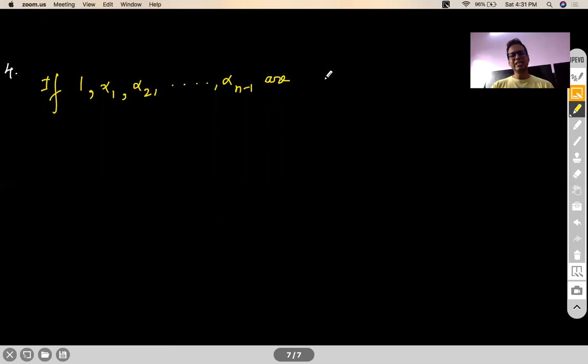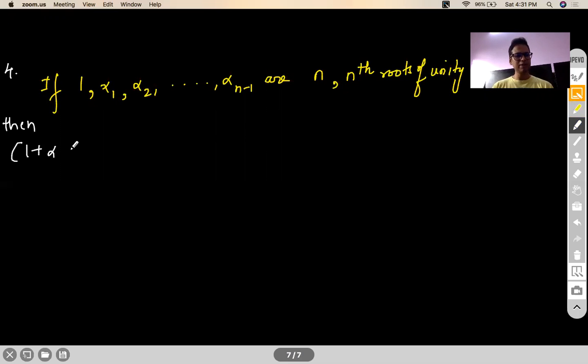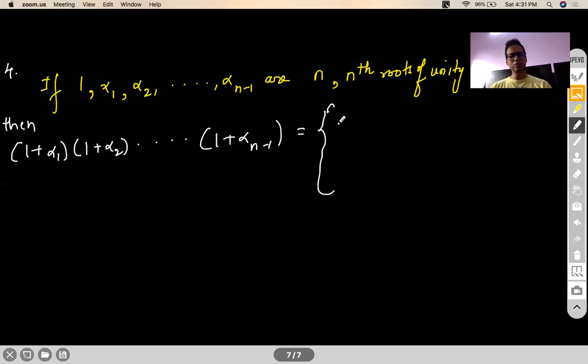So the fourth property is again like a question I'm giving you. Let's state this statement first. If 1, alpha 1, alpha 2, and so on are nth roots of unity, okay, then the product of 1 plus alpha 1, 1 plus alpha 2, and so on, is equal to 0 if n is even and 1 if n is odd.